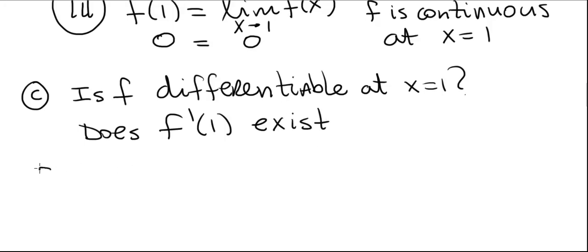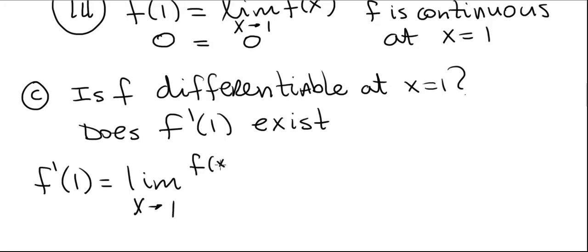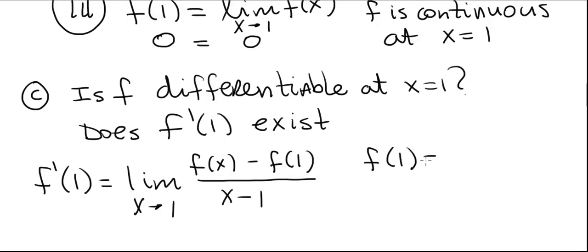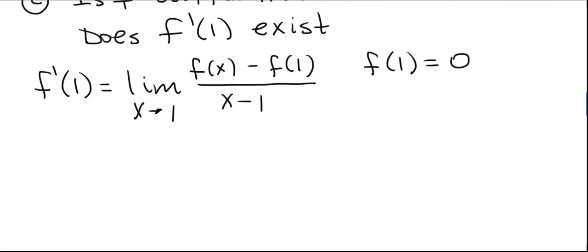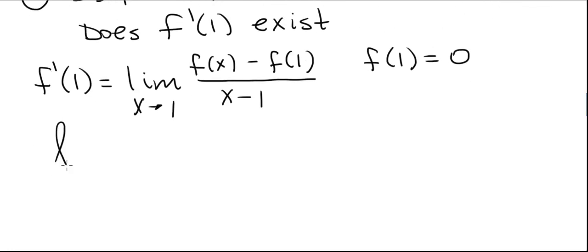So recall that f prime of 1 is defined as the limit as x approaches 1 of f of x minus f of 1 divided by x minus 1. Now we know that f of 1 is equal to 0, so the derivative simplifies to the limit as x approaches 1 of f of x divided by x minus 1.